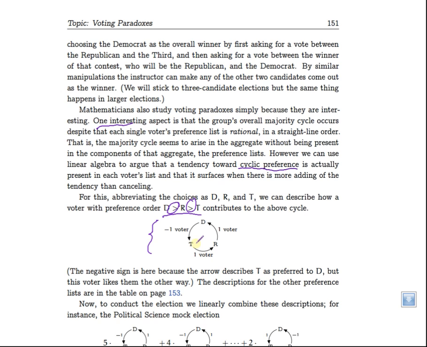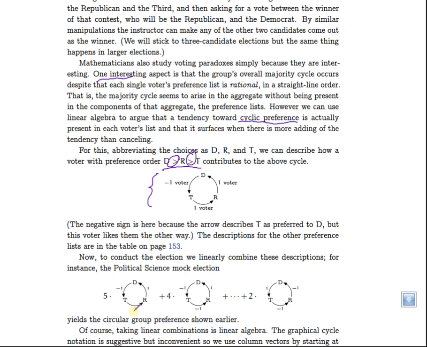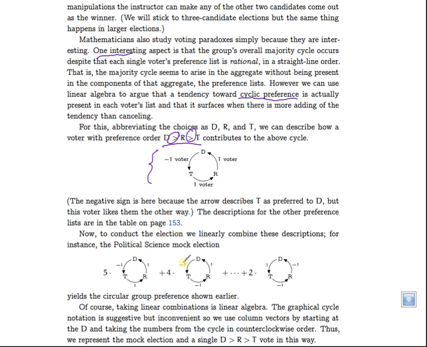All right, now, this is a way to represent this person's preference. If we have a bunch of voters, all we have to do is simply sum their preferences. So each voter is represented by a cycle like this. And to get the total preference of the group, you just add the cycles. It's clear how you add the cycles. You'll just add the corresponding numbers on the corresponding arrows and get the result.